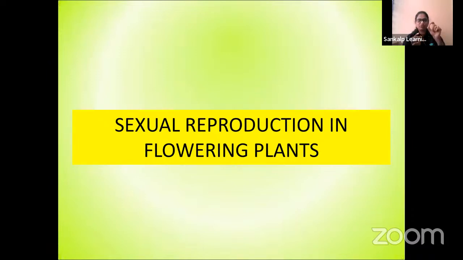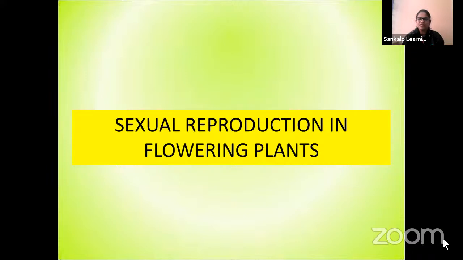Next we have to concentrate on modes of pollination, that is, pollination by which animal is called what; those terms we have to remember. Then post fertilization events: what the ovary becomes after fertilization, what the ovule becomes after fertilization. These are 7th, 10th standard MCQs. For you guys, they will ask what the nucellus will become after fertilization, what about the tapetum. So all that we are going to discuss in detail in this session.